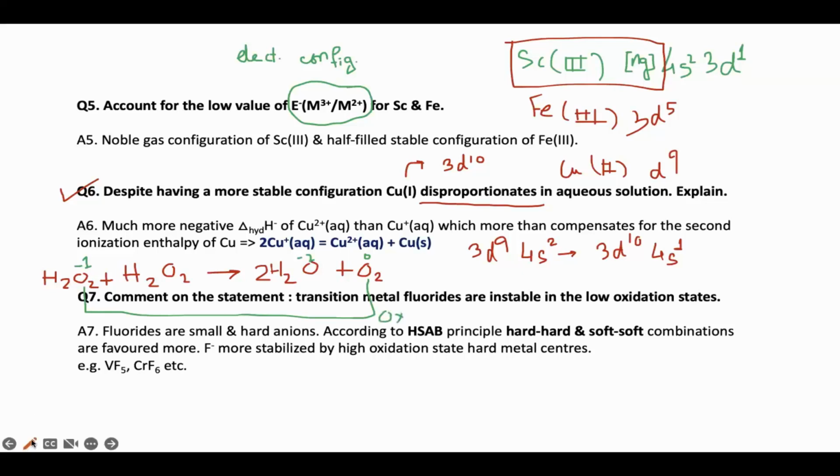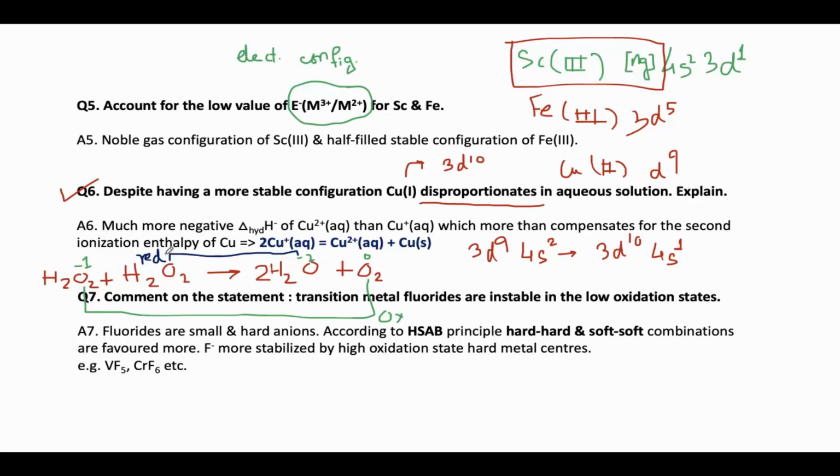And what happens to the other molecule of H2O2? The other molecule of H2O2 goes from -1 to -2. So it is getting reduced because the oxidation state is decreasing here. So one molecule of H2O2 gets oxidized to O2, and the other molecule of H2O2 gets reduced to H2O.